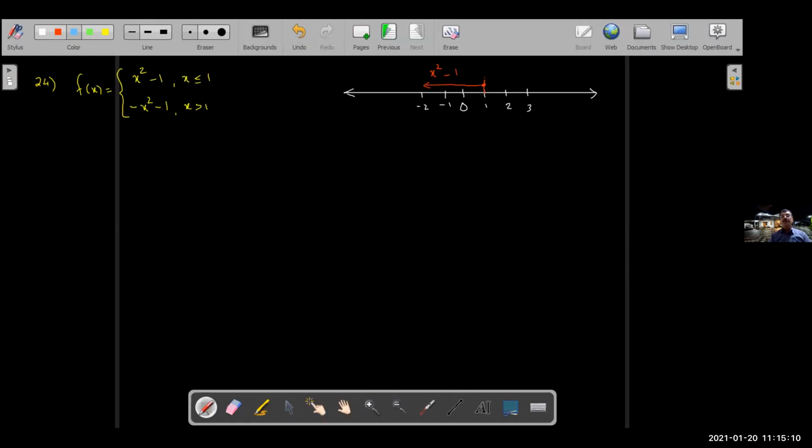Whereas towards right of 1, the function is minus x square minus 1, this is given. Our question is to find limit x tends to 1.